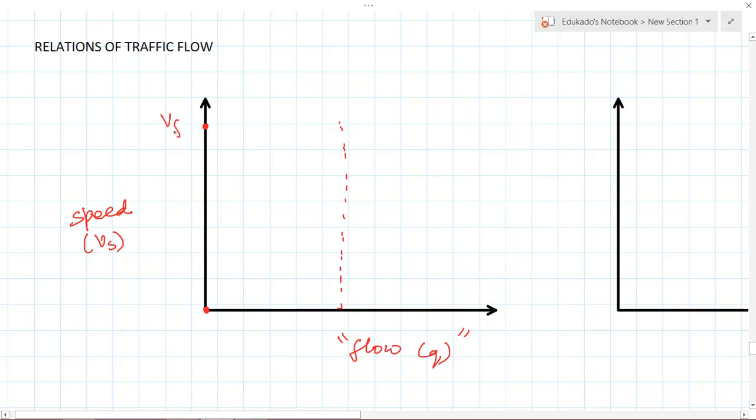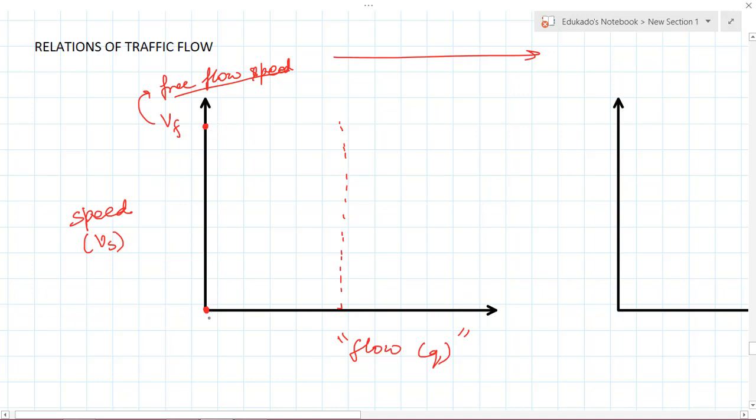This is Vf, which I call the free flow speed. At this speed the vehicles will just keep on passing, they will not pause or do anything. At this free flow speed there is no congestion and no flow formed, therefore the value is 0 over here.